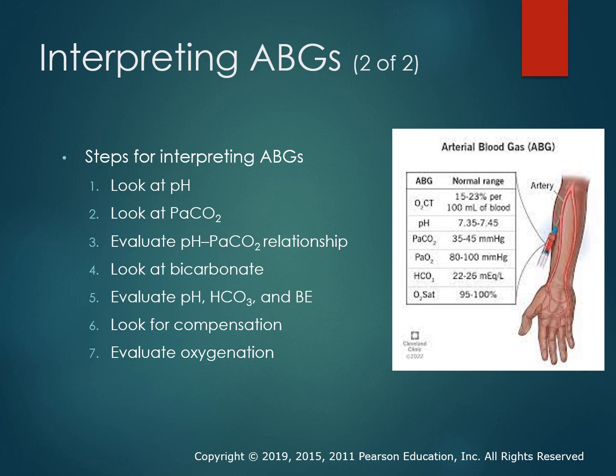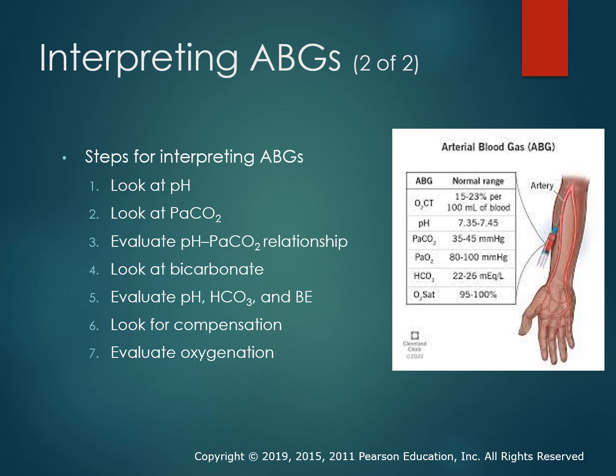Steps in interpreting an ABG. Again, this is in box 1-1, and we went over that really thoroughly. But again, you want to look at the pH. We're going to go over this in class, and we'll give you some exercises to do. Look at the PaCO2, evaluate the pH and the PaCO2 relationship. Then look at your bicarb and evaluate that and your base excess, and look for compensation.